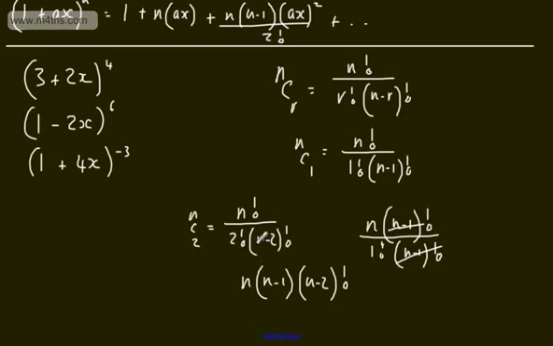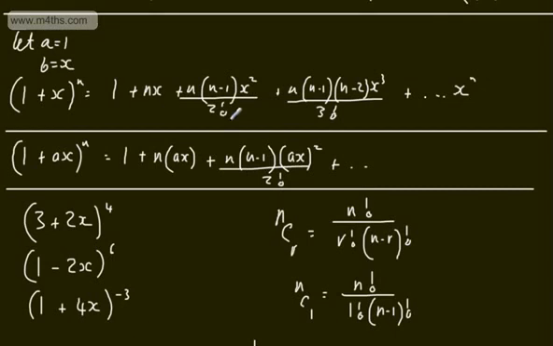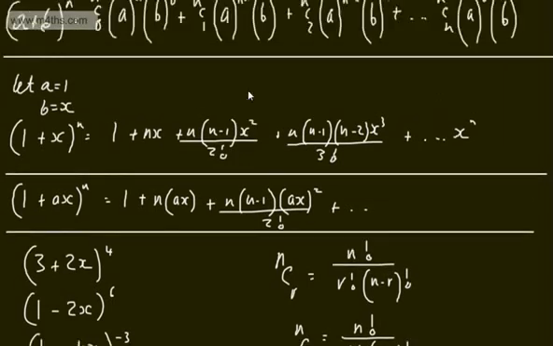That is n factorial relative to what we've got in the denominator. 2 factorial is just 2, and then we have (n minus 2) factorial. They're going to cancel, and we can see now why we're getting n(n minus 1) over 2 factorial multiplied by x squared. So this just gives us the coefficient.